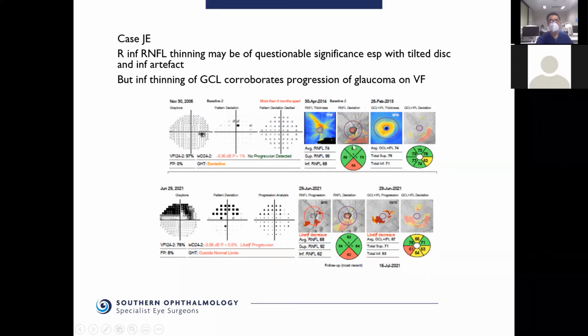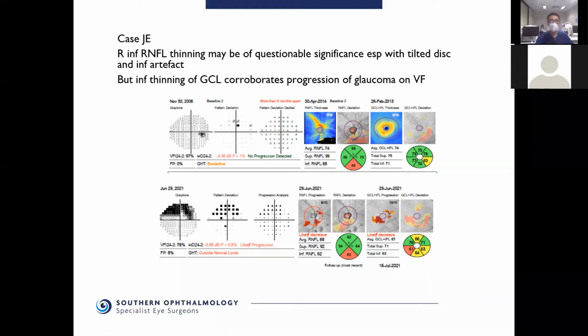And you look at that and you go, well, that's probably from that artifact. It may not be true glaucoma. But the GCL map shows some thinning inferiorly. So that gives us a clue that this nerve fiber layer defect may in fact be real.